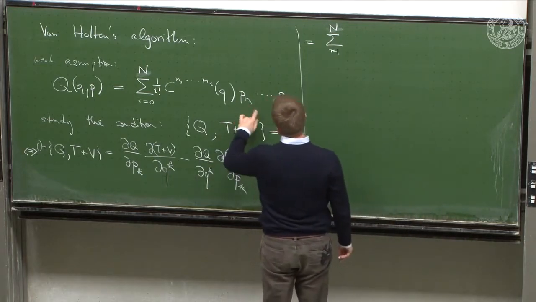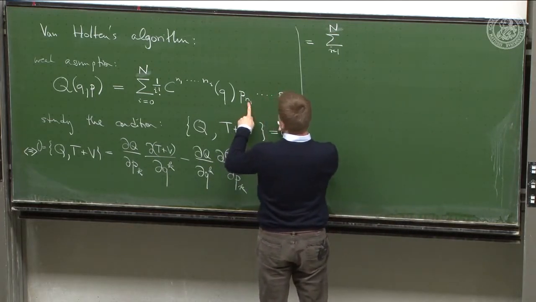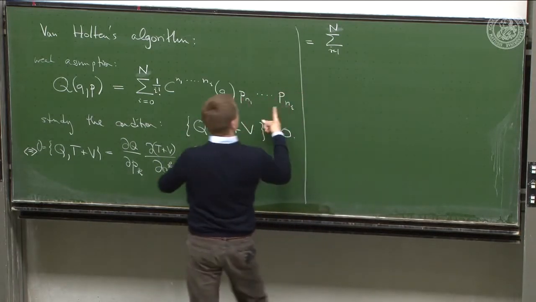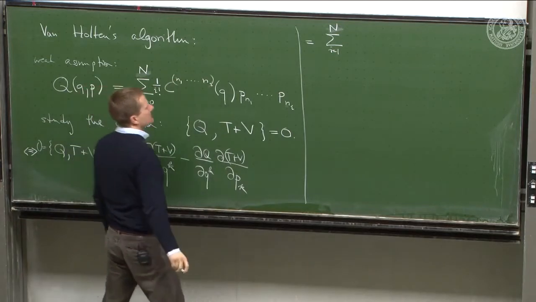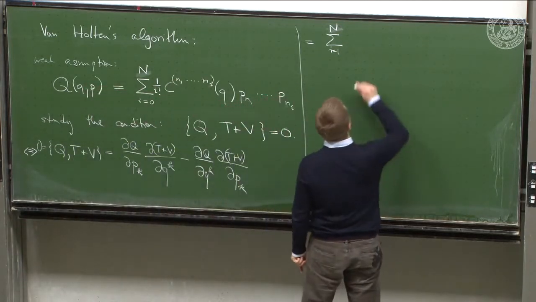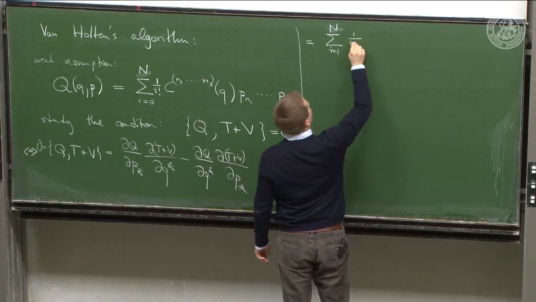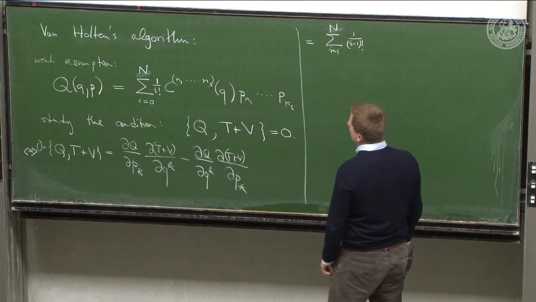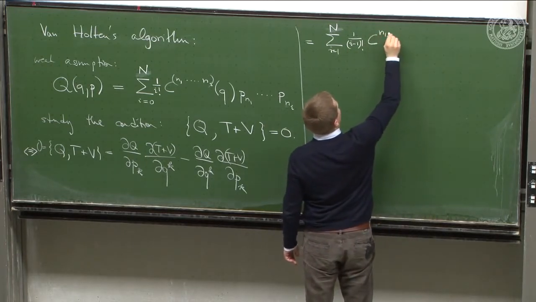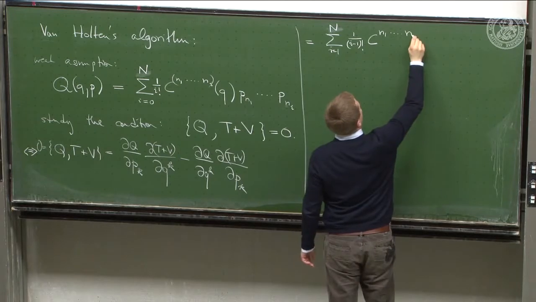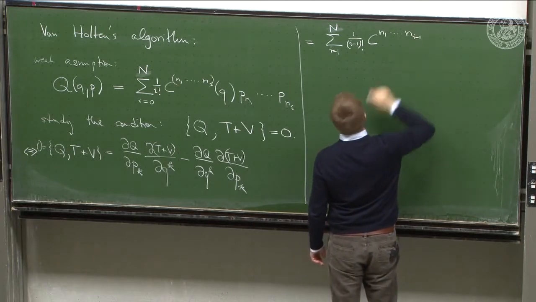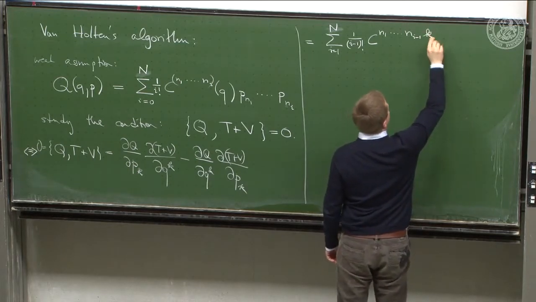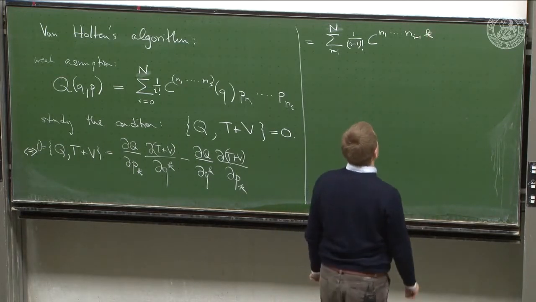order. Now, in order I will produce a factor I because this is symmetric in these guys, because every time it's the same P. There's a symmetry here, and that symmetry is important, and I will get a 1 over I minus 1 factorial in front, and I get Cn1 up to n little I minus 1, and I derive with respect to pk, so one of the p's goes and produces a delta kni.